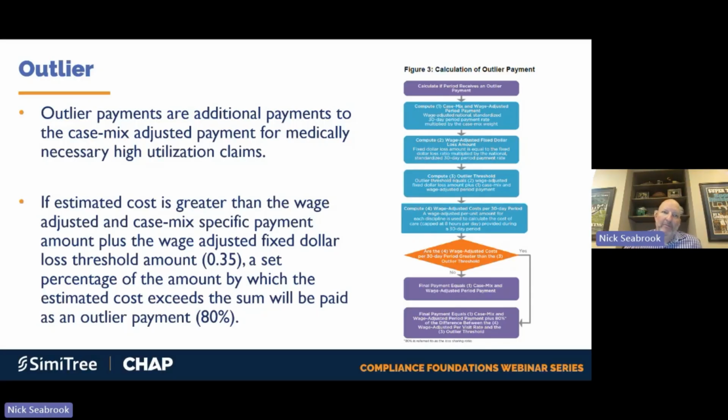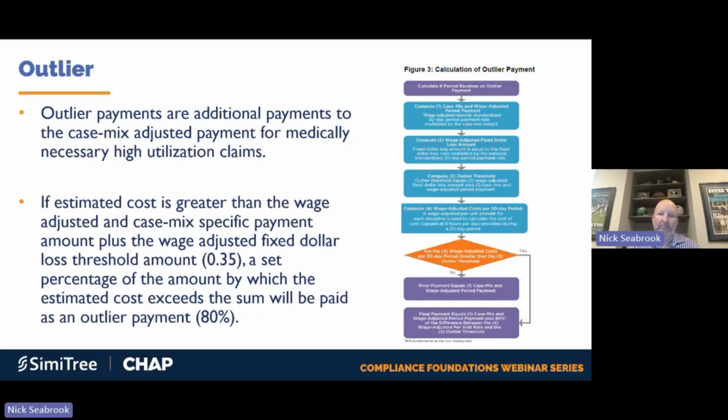Luckily, the EMRs will figure that out for you, and Medicare figures that out for you as well. But essentially how it works is that if your costs are greater than the wage index case mix dollar amount, plus an additional cost on top of that, which is what Medicare refers to as the fixed dollar loss ratio. You might hear the abbreviation FDL.